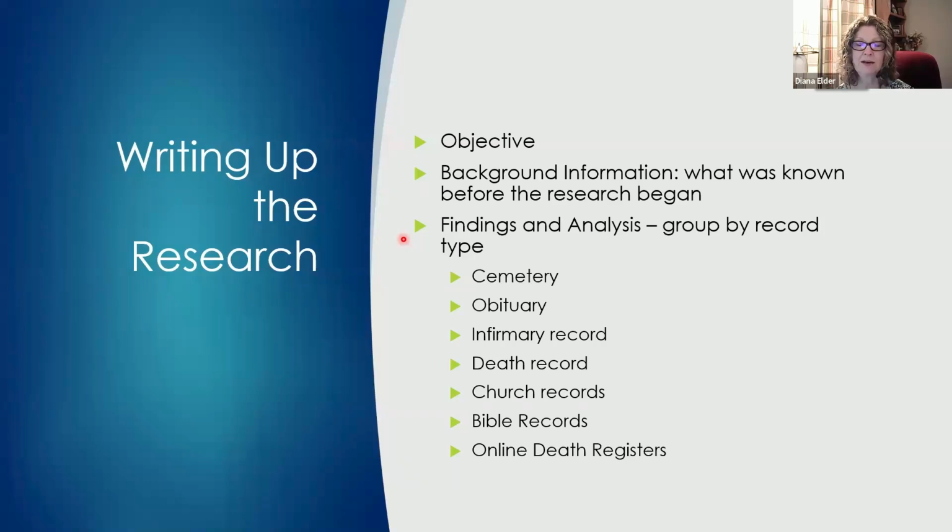So you might feel like this is a bit of a travelogue. I searched here and I searched there, but I think there's some things we can do to mitigate that and make this a really robust research report that could then lead to writing a proof summary. So we could just group this by the actual research plan. This was the order of the research plan.